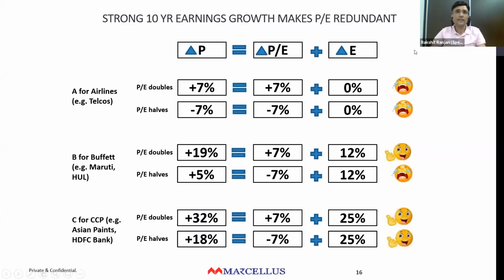Now, if I were to just use some rough numbers, in India, according to us, at least 70 to 80% of the entire listed universe belongs to category A, right? Category A is where more or less earnings don't compound much. I mean, maybe 0, maybe +3, maybe -3, but earnings don't compound much.